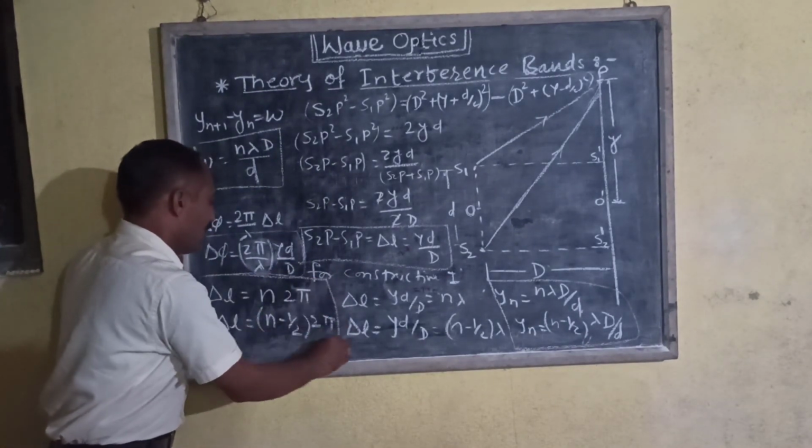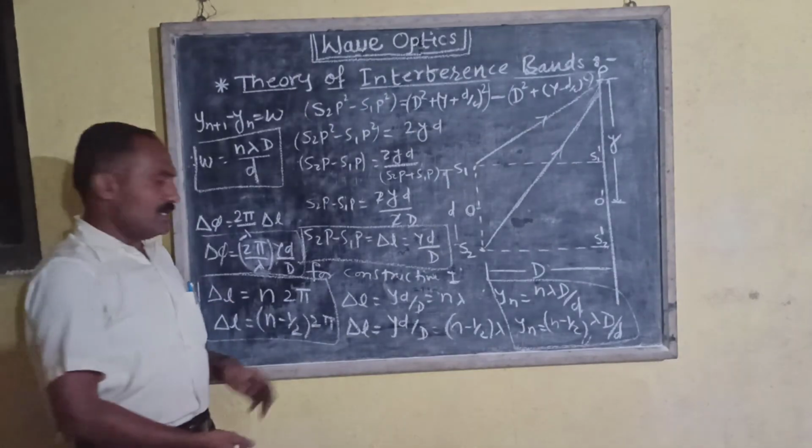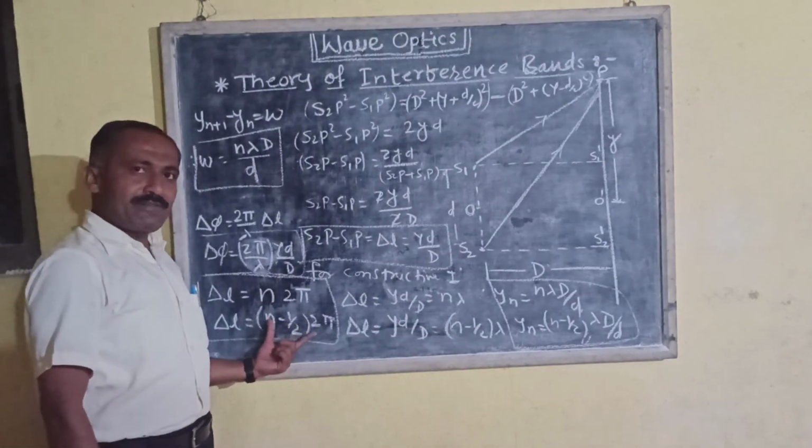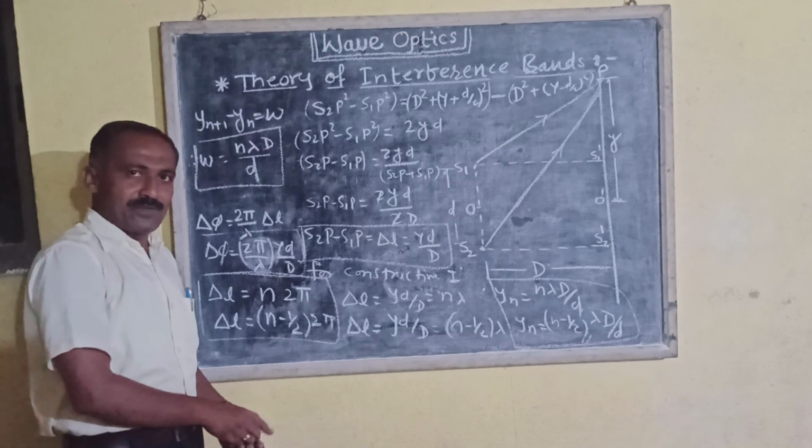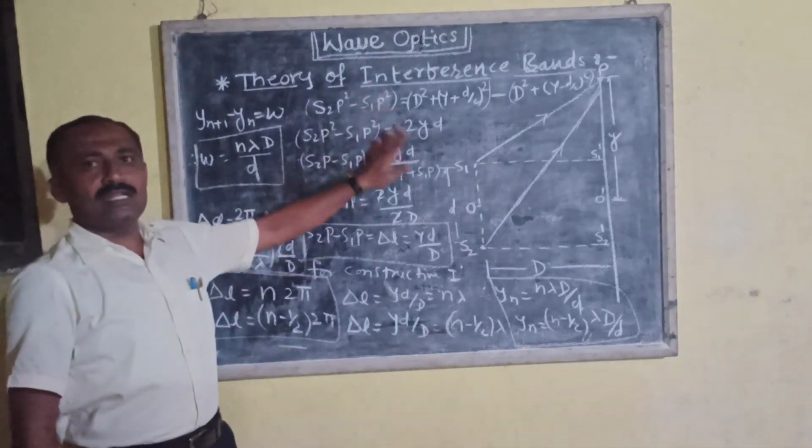These are the conditions for constructive and destructive interference in terms of phase difference. The theory of interference bands.